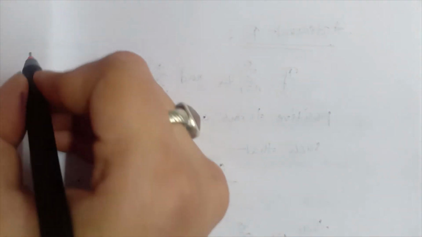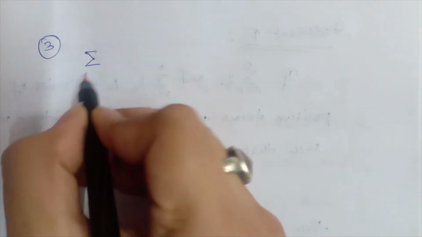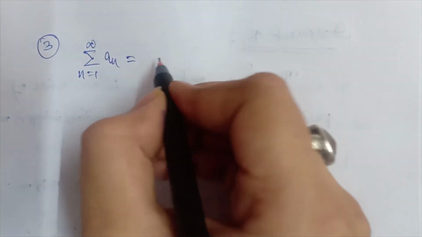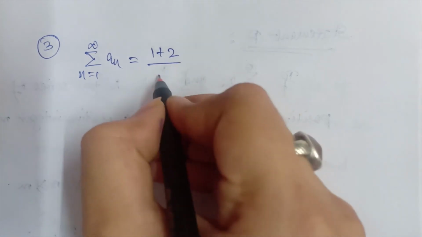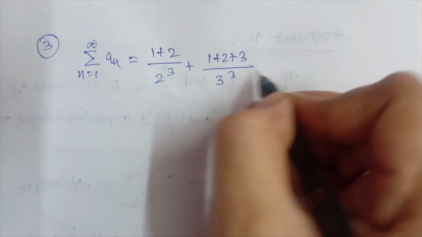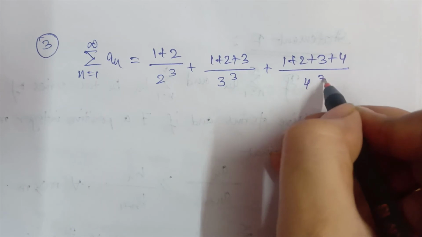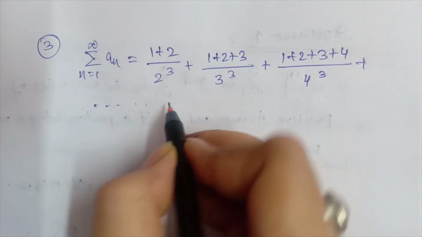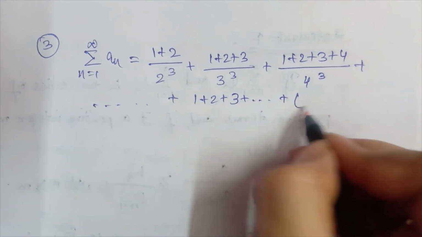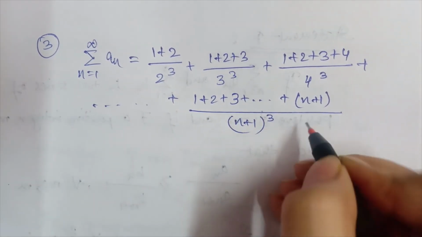The third example is, we are taking the series an as summation n equals 1 to infinity an equals 1 plus 2 by 2 cube plus 1 plus 2 plus 3 by 3 cube plus 1 plus 2 plus 3 plus 4 by 4 cube, and so on till 1 plus 2 plus 3 plus till n plus 1 by n plus 1 whole cube.